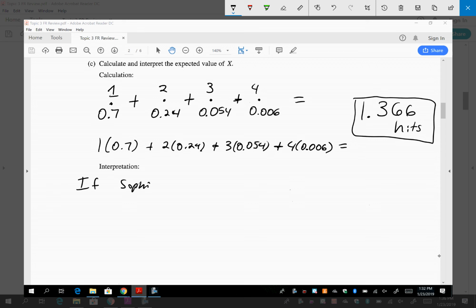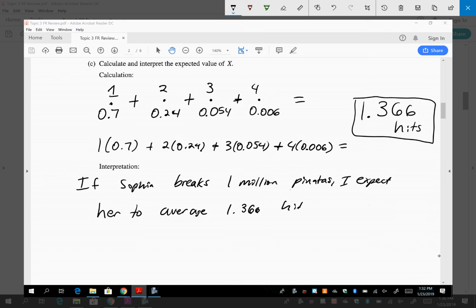If Sophia breaks 1 million piñatas, I expect her to average 1.366 hits for each. I expect her to average 1.366 hits to break the piñatas. Is that good?